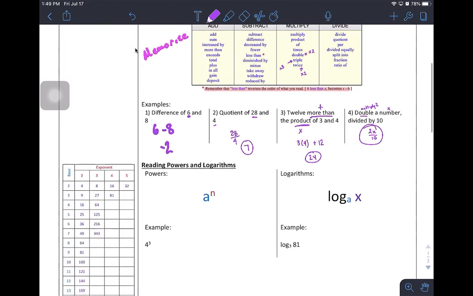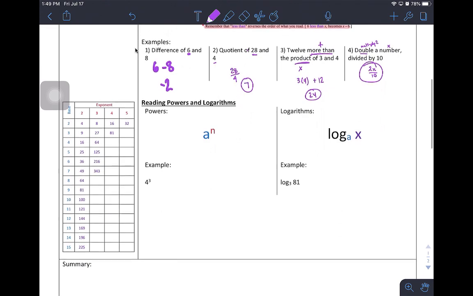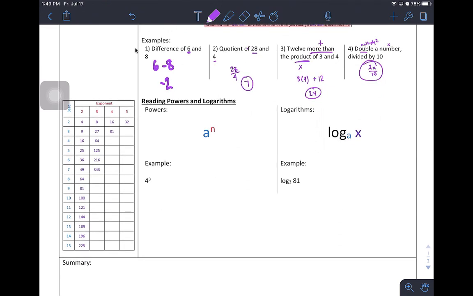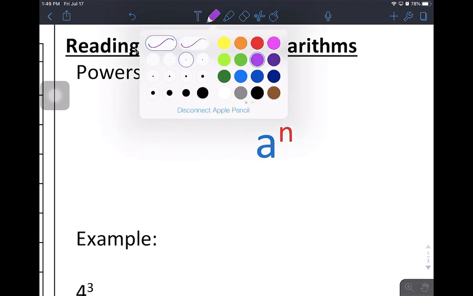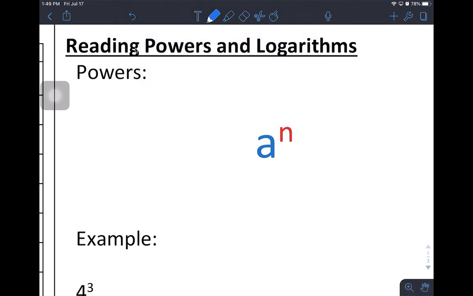Now, the next thing on this particular topic is going to be reminding ourselves on how to read powers and logarithms. So let's take a look at powers first. A power is this whole statement. So this whole thing is what's referred to as a power.